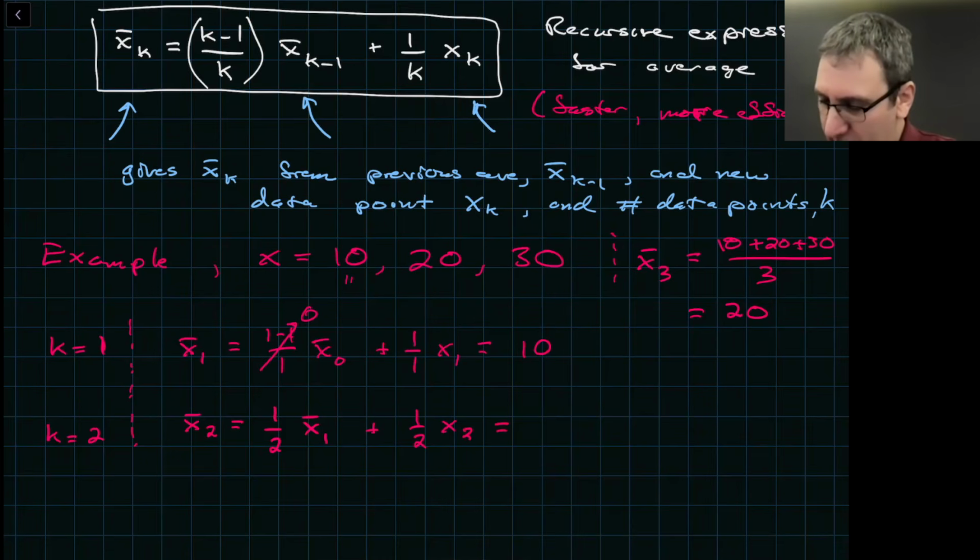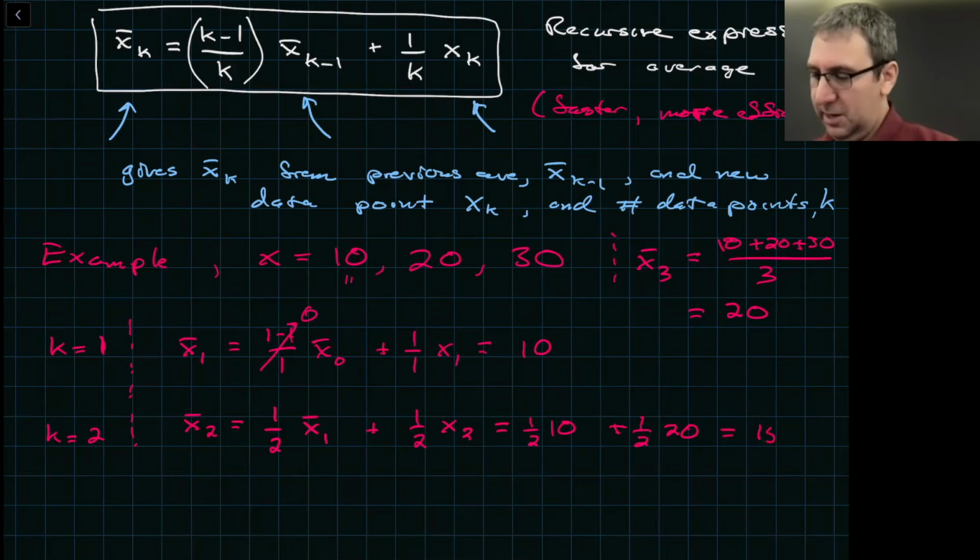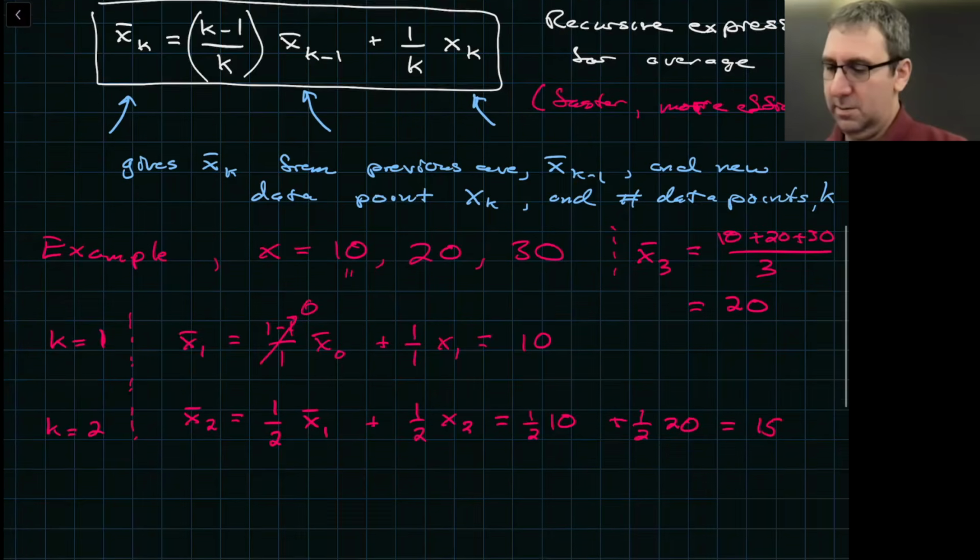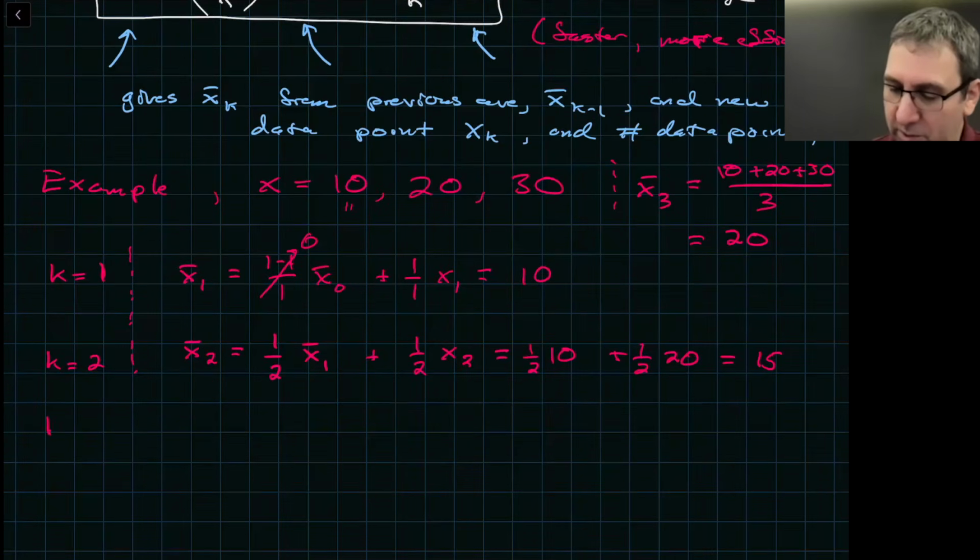So this is 1/2 of 10 plus 1/2 of 20. So this is 15. It's getting closer to the true average.